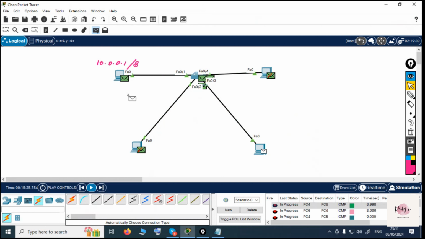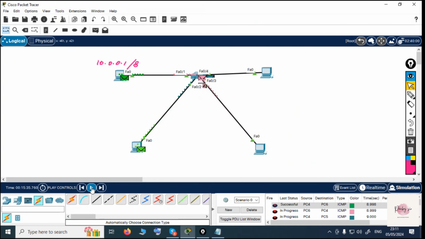They are sending the ARP request. So don't bother about all these green packets. Those are the ARP requests just to know the MAC address of the destination address. After the ARP request, they will send the real data and we see that they are not colliding. Getting the point? The data will not collide.